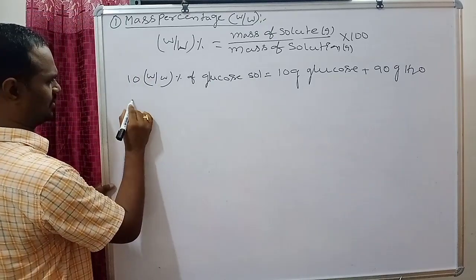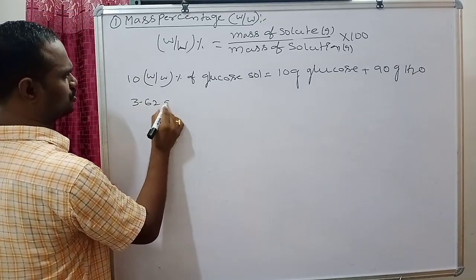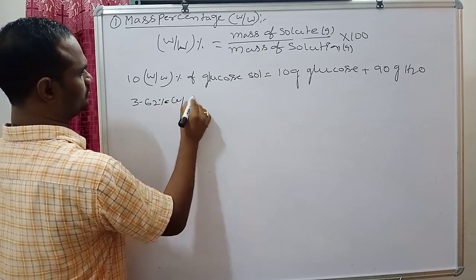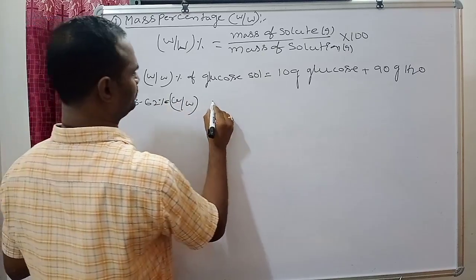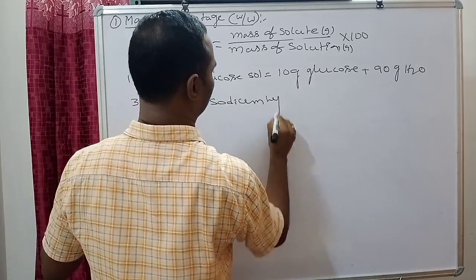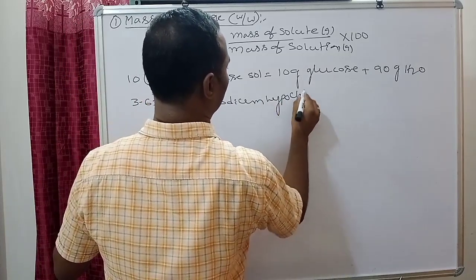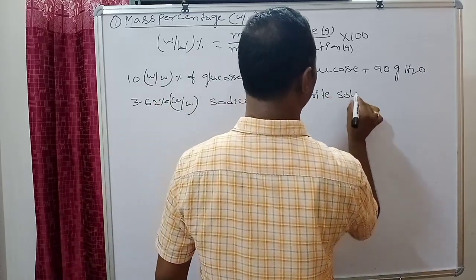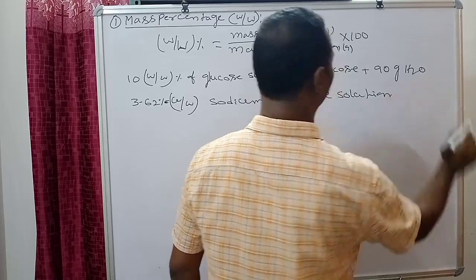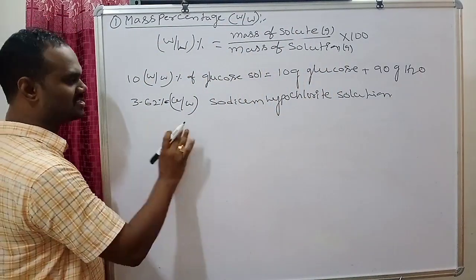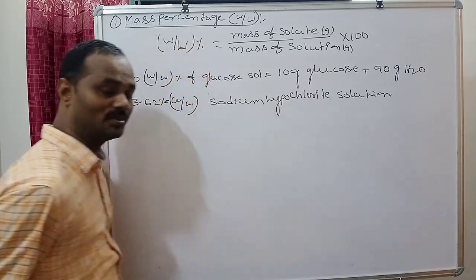Now one more example. 3.62 mass percentage of sodium hypochlorite solution, right? 3.62% sodium hypochlorite solution.